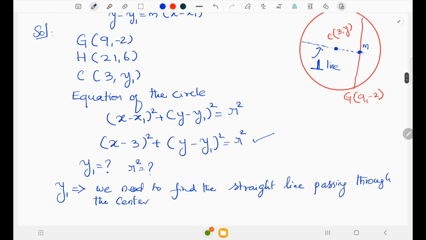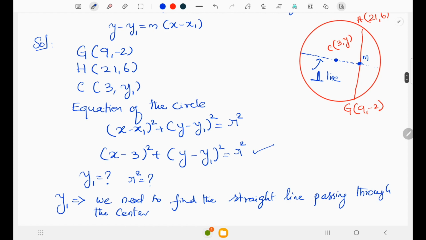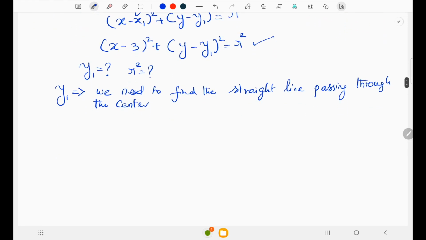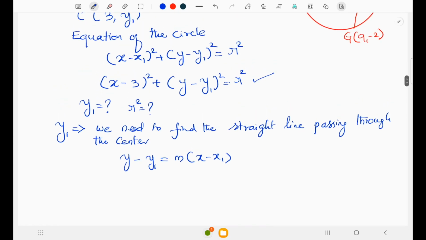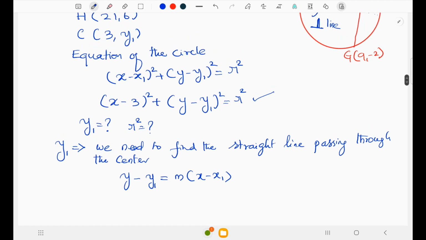This perpendicular line is passing through the center and meets the chord at the midpoint. So what is the equation of the perpendicular line? It is y minus y1 equals m times (x minus x1). Now here, y, y1, x and x1 are available, but m is not available. What is m? We don't know.